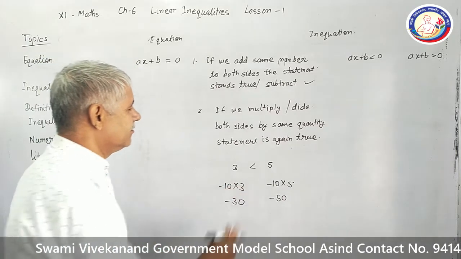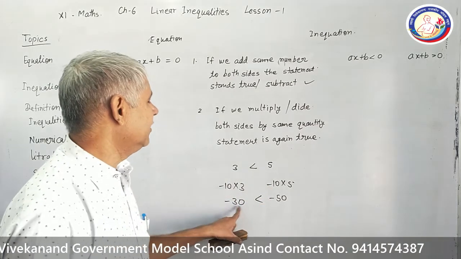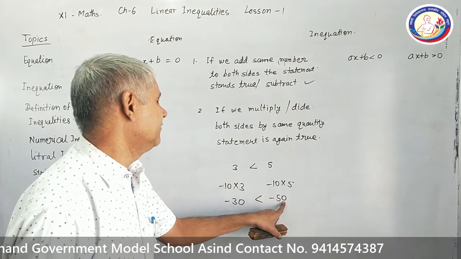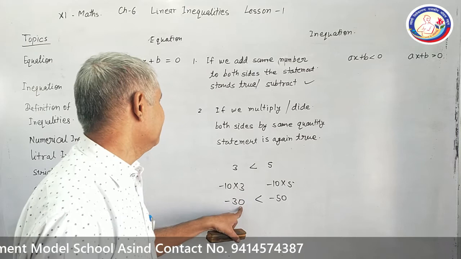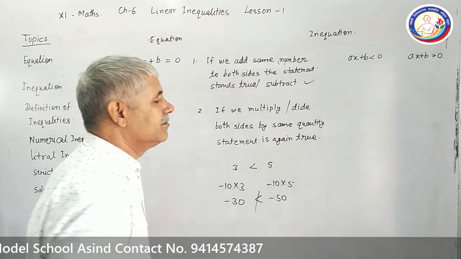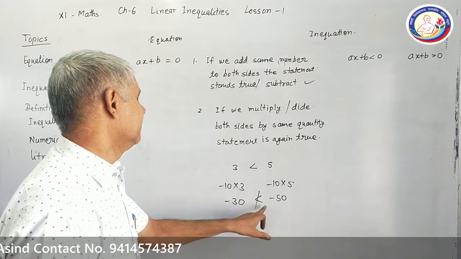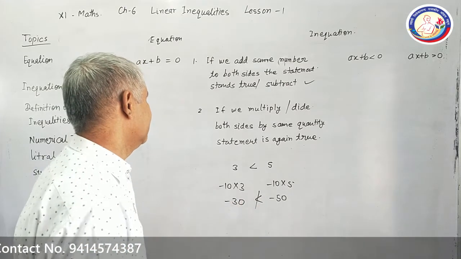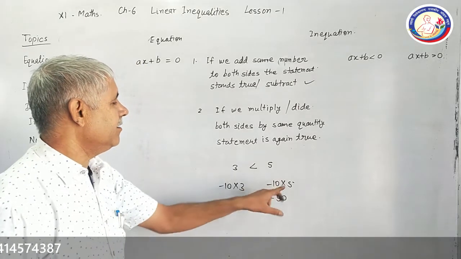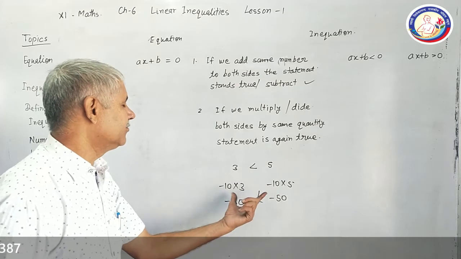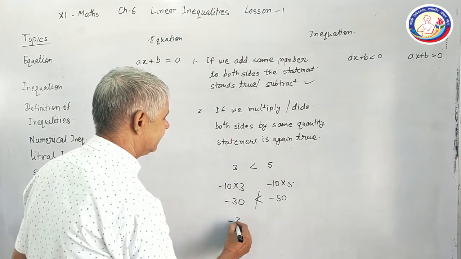Now, is this correct? No. Minus 30 is not less than minus 50. Minus 50 is the lesser number. It is less than minus 30. So, the result is not true here. The statement is not true. So, what is the outcome? If we multiply both sides of any inequation by a negative number, the symbol will change.